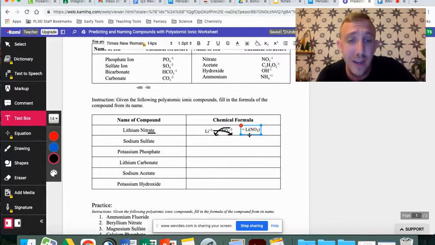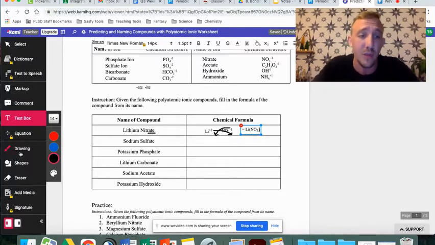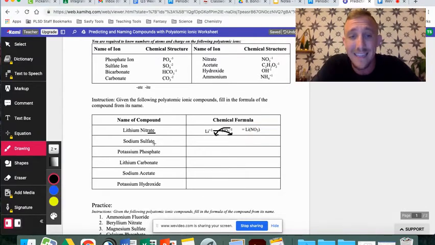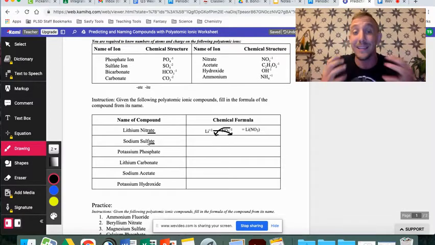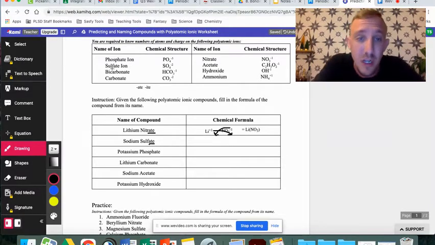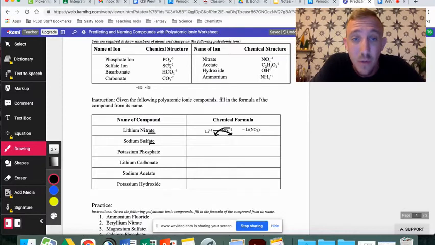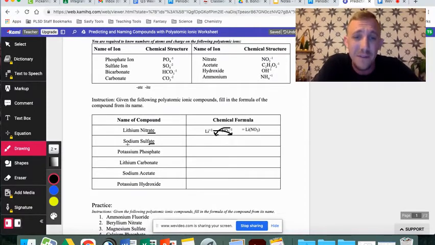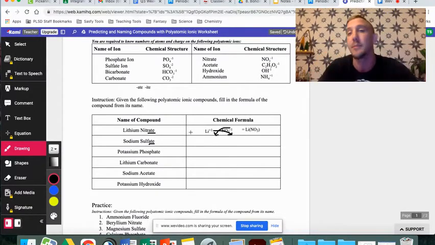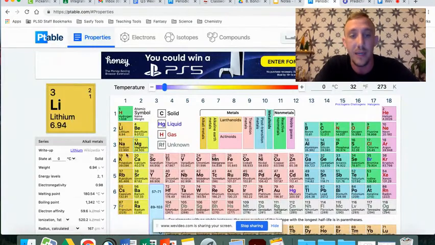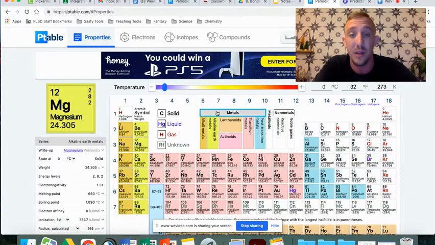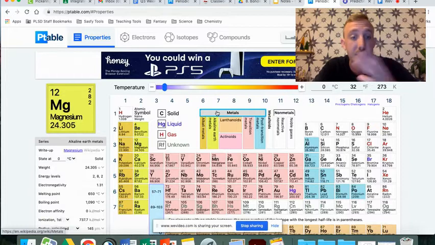Okay, so let's go ahead and look at sodium and sulfate. Once again, sulfate has an 8, so I know that it's going to be a polyatomic. If you look up here, the sulfate ion is SO4 minus 2, but I have to find sodium, and I have to see if sodium is a metal. If I look on the periodic table, sodium is also in group 1, and if I highlight my metals, it falls under the highlighted metals.